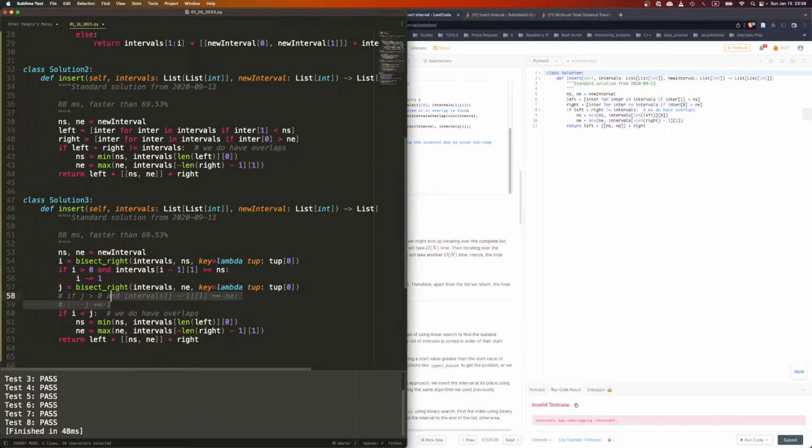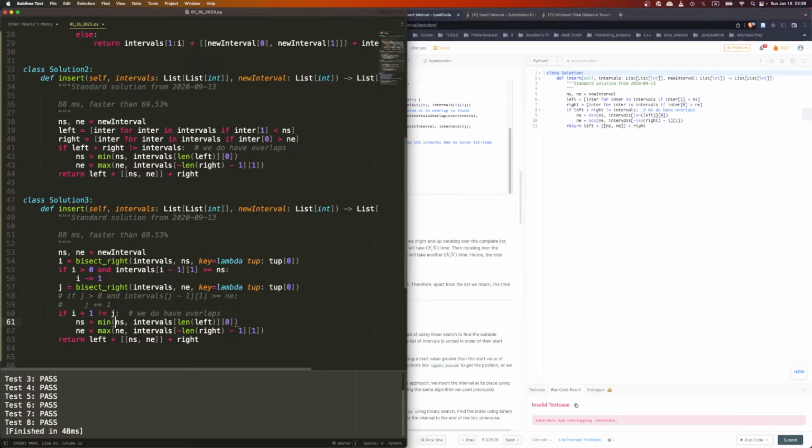Now we have overlap, so it's just going to be, yeah, J towards the end and towards I, these are no overlap. So I and J. No, if I plus 1 is not equal to J, that means we have overlap.